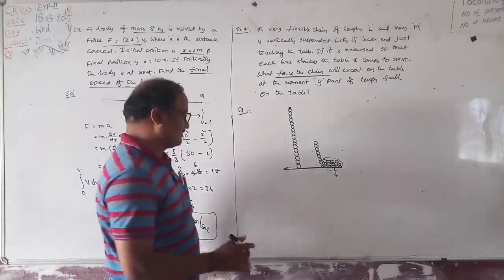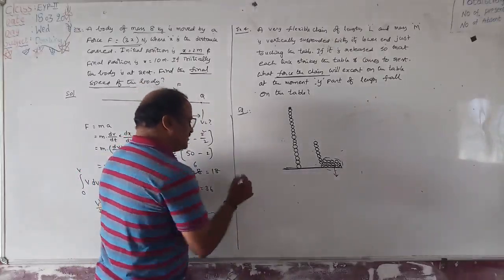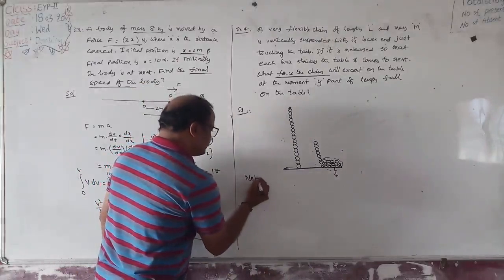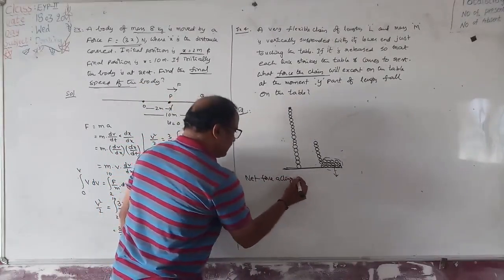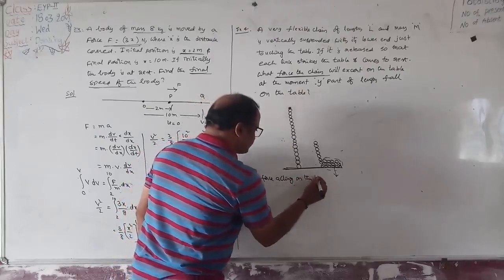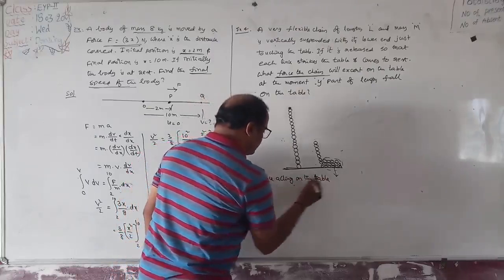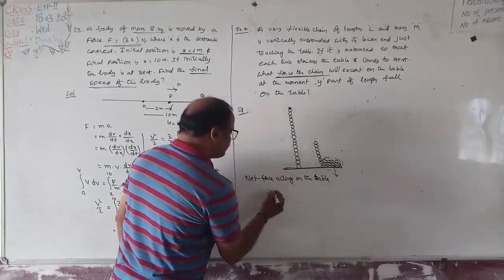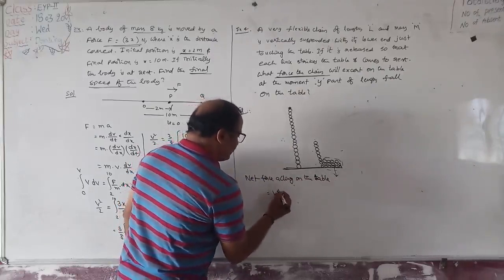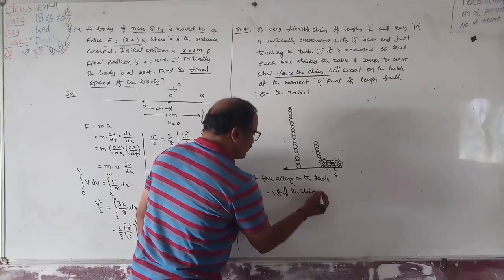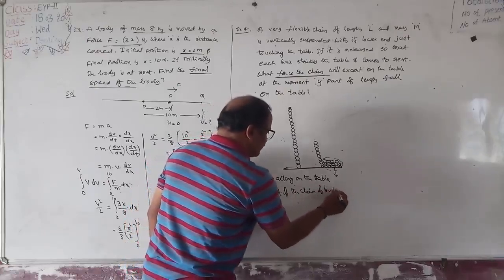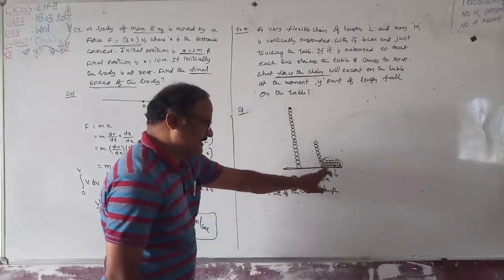Okay, so therefore here net force acting on the table is equal to weight of the chain of length, which part of the chain is lying on the table?